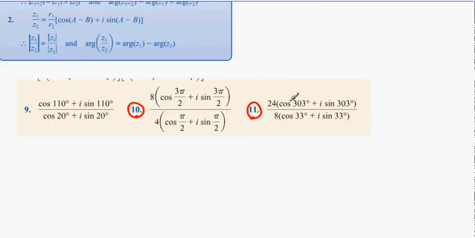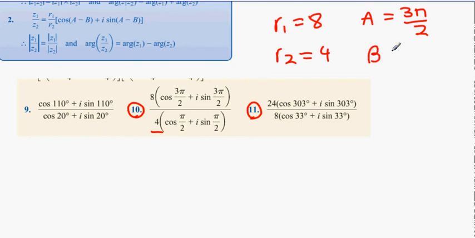In this one R1 is going to equal 8, A is going to equal 3 pi over 2, R2 equals 4, B is going to equal pi over 2, and this time we're looking for A minus B, regards division.